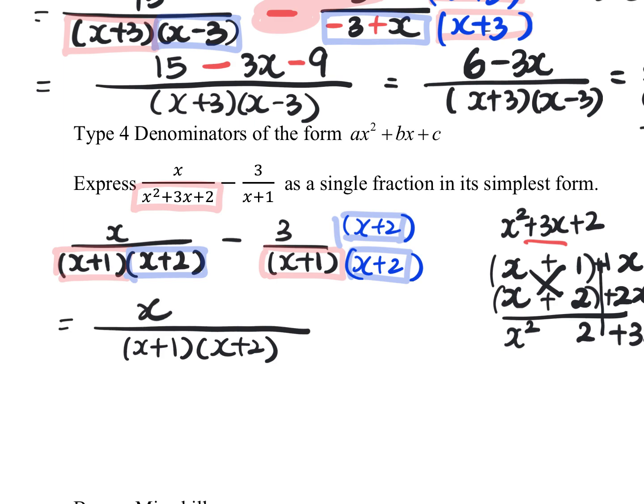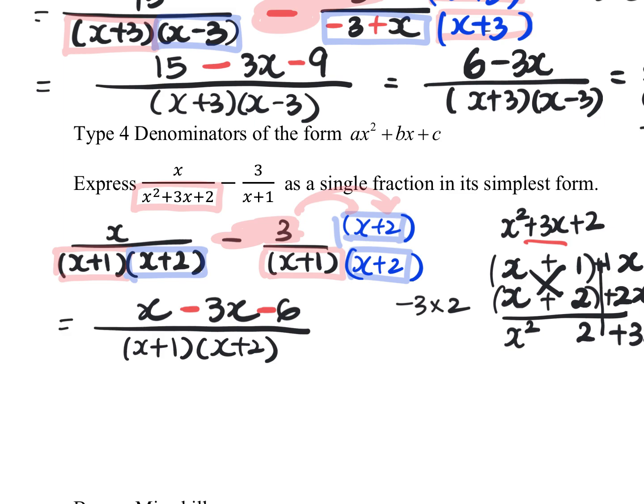The next portion, expand out. Be careful. Negative 3 times x, negative 3 times 2. So negative 3 times x is negative 3x. Next part, negative 3 times positive 2 is negative 6.